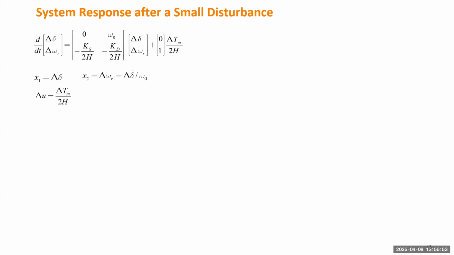We make delta be the first state variable and delta omega be the second state variable. And we also make this one be the input of the system, because we're familiar with, so remember the standard form of the state space representation will be, so we'll have plus B and U. This is what we know about the linear system in the state space representation.